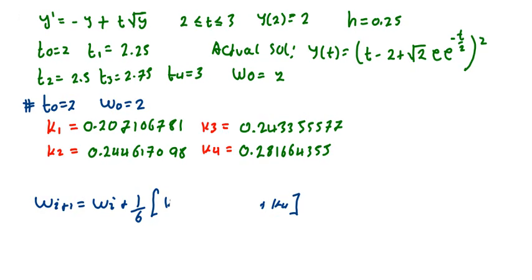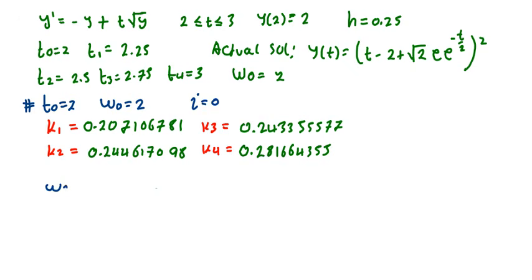The way we are going to do that, remember, we used t naught is equals to 2, then w naught is equals to 2. So here it simply means our i was equals to 0. So since we are saying wi plus 1, this will give us w1 because i is equals to 0. So this will be equals to w naught, which is 2, plus 1 over 6. Then we have our k1, which is that value that we have here.